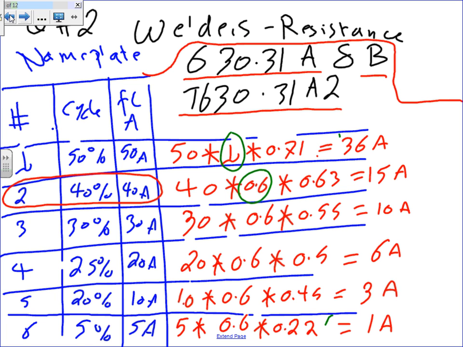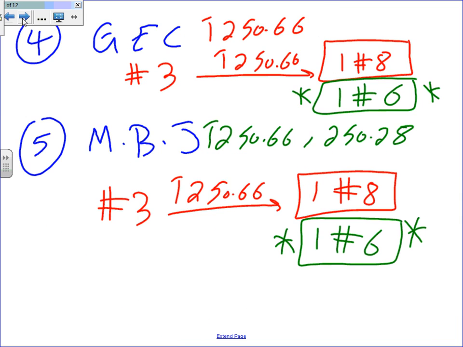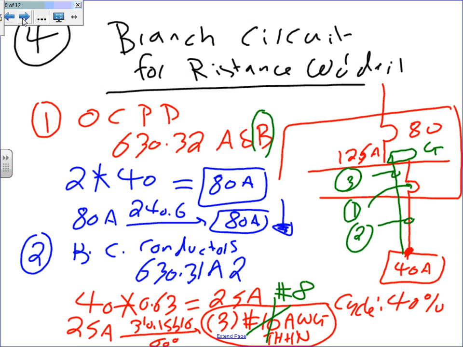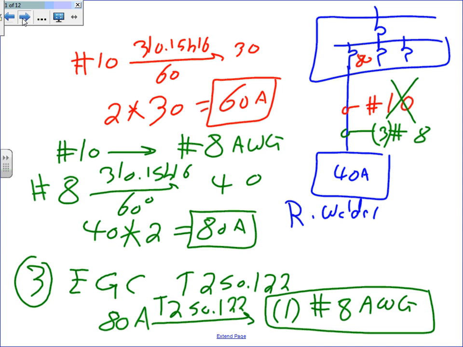Same calculation. Branch circuit for 30 amp, 20, 10, 5. All these branch circuits are easy to size, right? Exactly like we did the branch circuit. The feeder, we already sized the feeder. Branch circuit, we did the branch circuit for them.